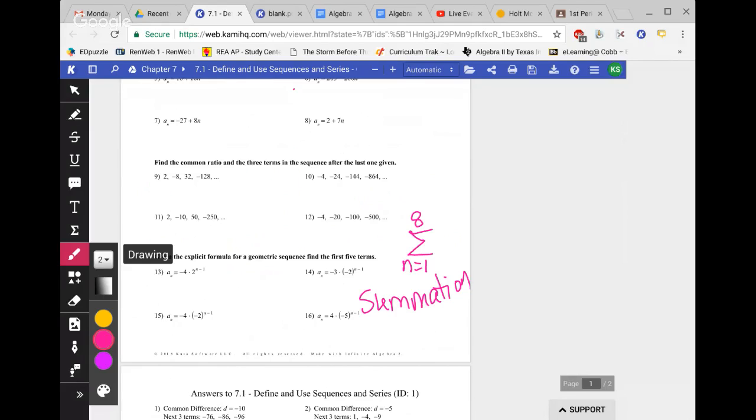Oh, okay. And so basically what it would do, and you'll see this in the video today, if I'm going to take this formula right here, because we're going to be dealing with arithmetic ones, what it would be saying is that you would substitute 1 in for where the n is, and then it'd be 2 plus 7.